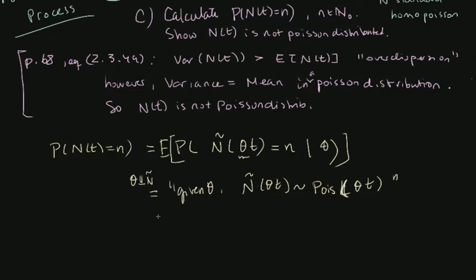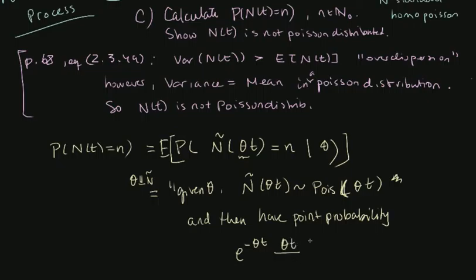And let's just write this and then have the point probability given as e to the minus theta t multiplied by, what is it? I think it's theta t to the n over n factorial.